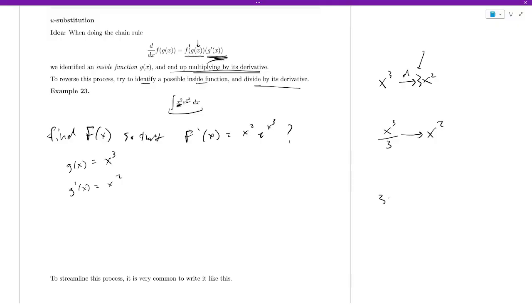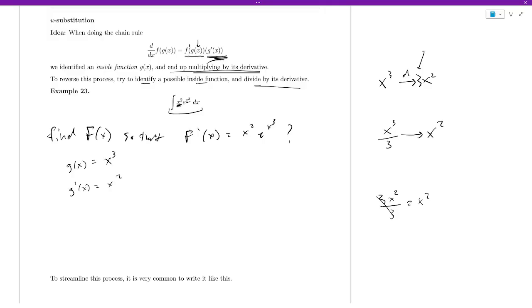If I power rule this, okay, 3x squared, the 1 over 3 stays out front, because that's one of my derivative rules, and then the 3's cancel and you have x squared. So if I want to negate having the 3 after the derivative being multiplied, I can just divide by the 3 before taking the derivative. So that means our original inside function should maybe be x cubed over 3 or something like that.